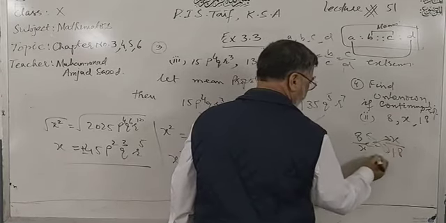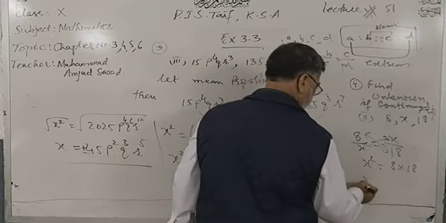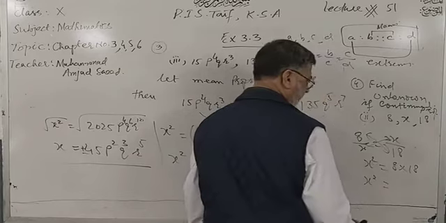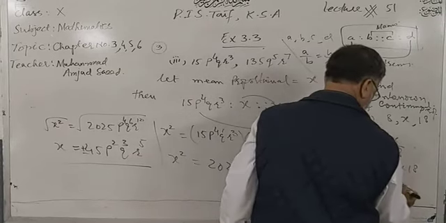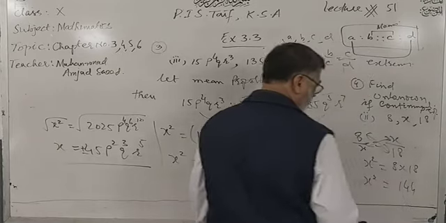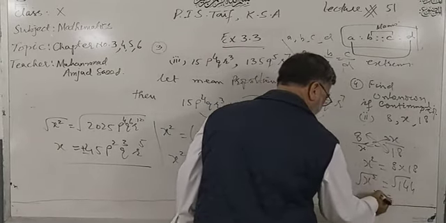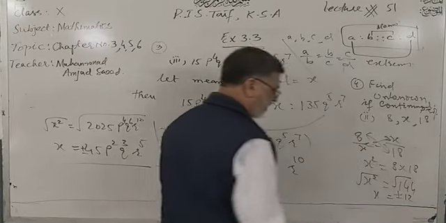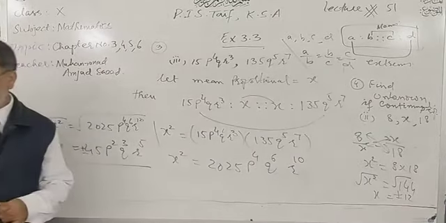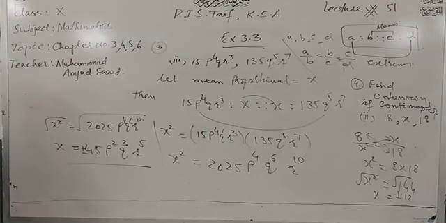Then cross multiplying, x square is equal to 8 into 18. So x is equal to what will be? This is 144. Taking square root on both sides, x is equal to plus minus 12. So dear students, that was your exercise 3.3.